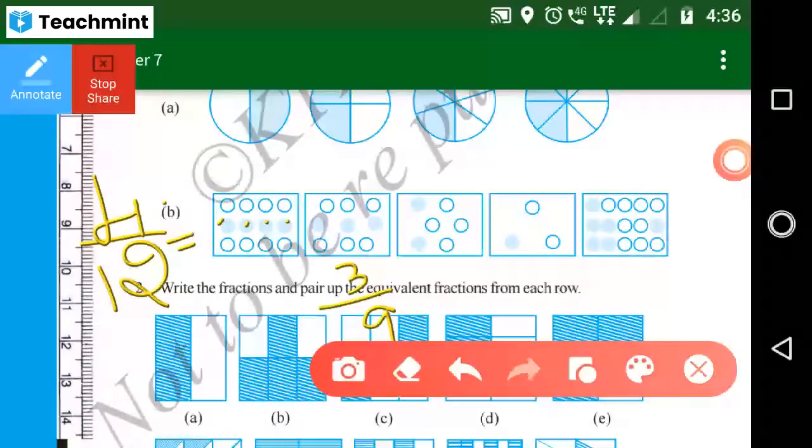Okay, no issue. So 2 circles are shaded here. Ma'am, 2 by 6 circles. Yes, 2 by 6. Very good. Next one. Wait, I just write this one. 1 by 3. Yes, Harivardhan, tell this one.